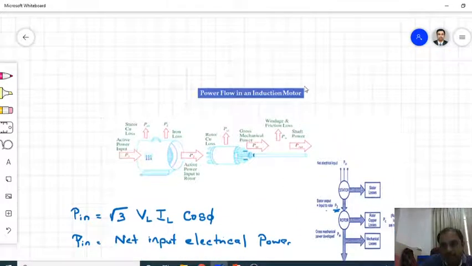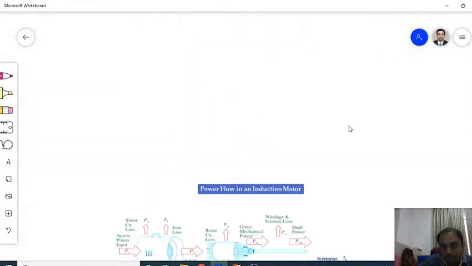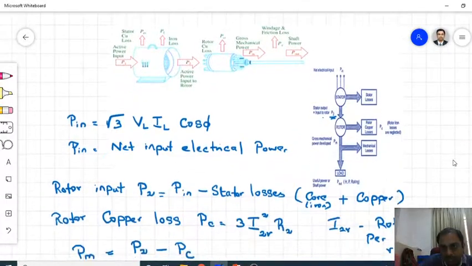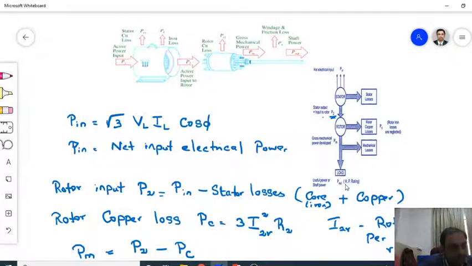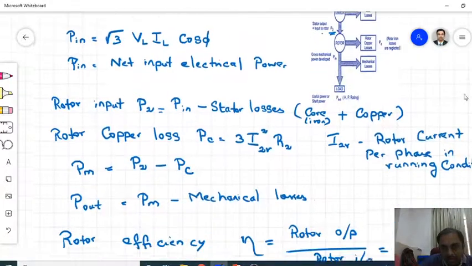So the rotor output is P out and the rotor input is P in.